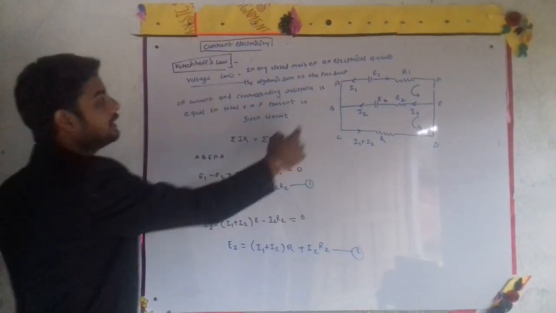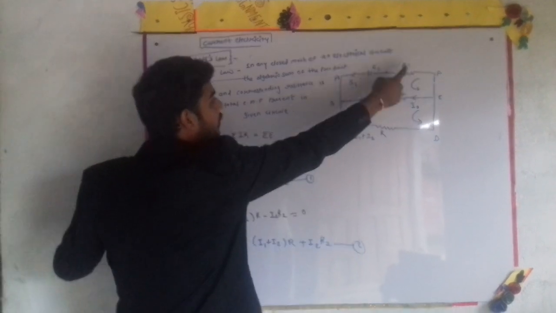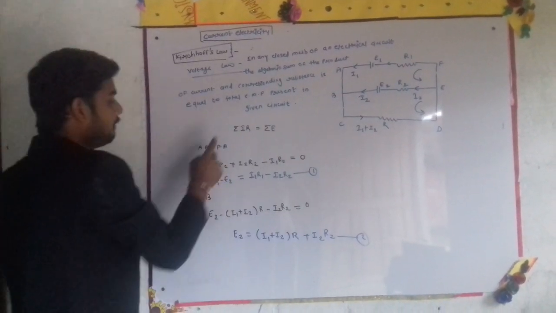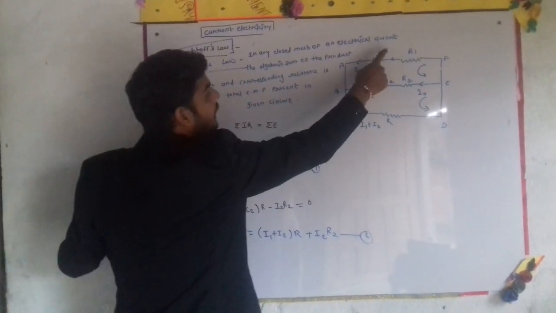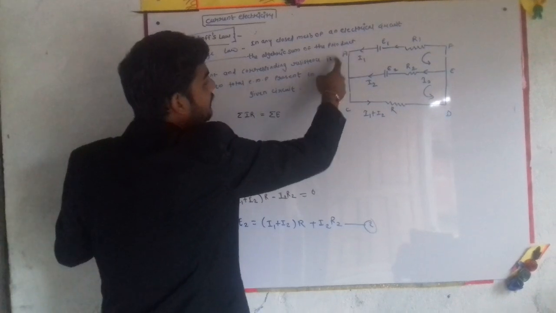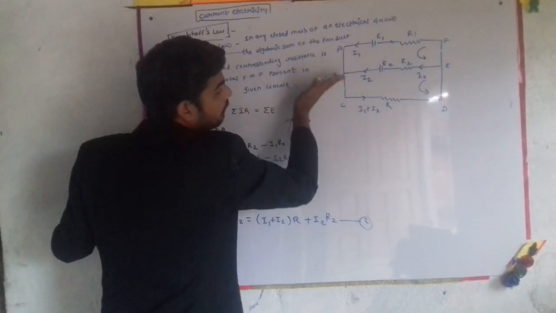In this way we can see that I1 with corresponding R1 is positive, in this direction we are going. We first take E1 and E2. E1 we are going in this direction, and E2 we are opposing.